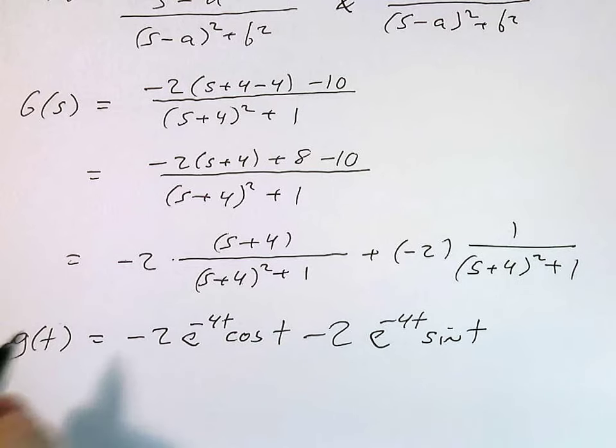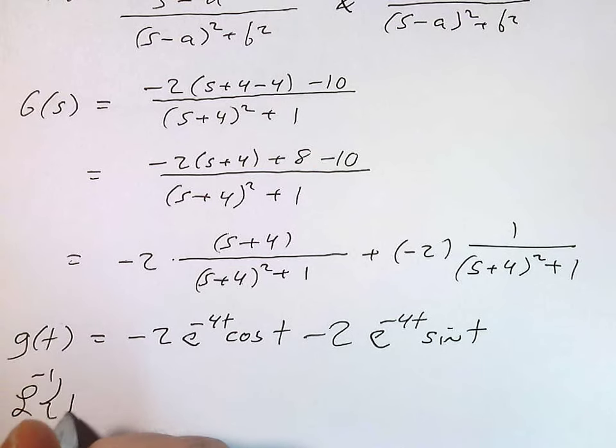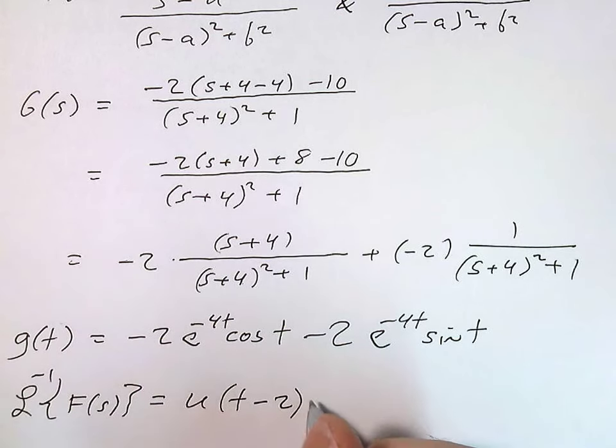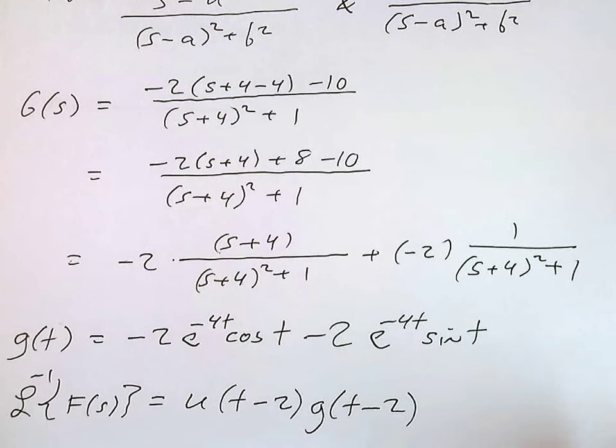So I'm almost there. I know the inverse transform of F of s here is going to be u of t minus 2 times g of t minus 2.